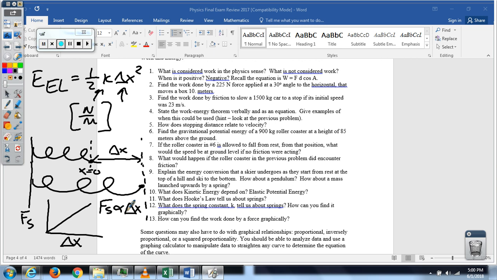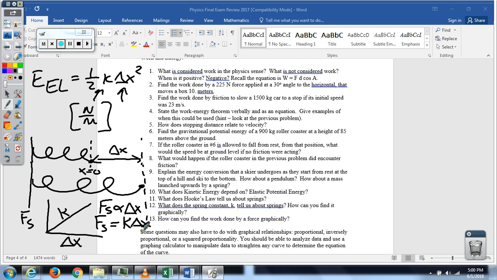But if you want to get the full equation, you need the slope. The slope is the spring constant. So that's how we find what the spring constant is: we test the springs. We see how much force it takes to stretch them, and then you can determine by finding the slope what the spring constant would be, and that's how the manufacturers will describe how strong the spring is.